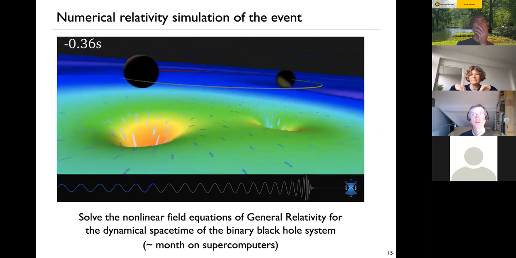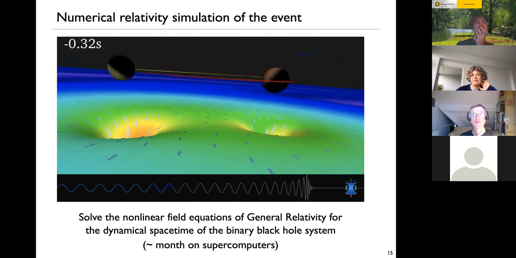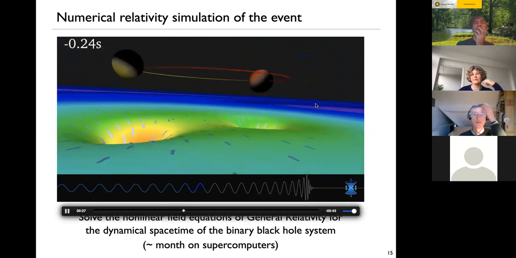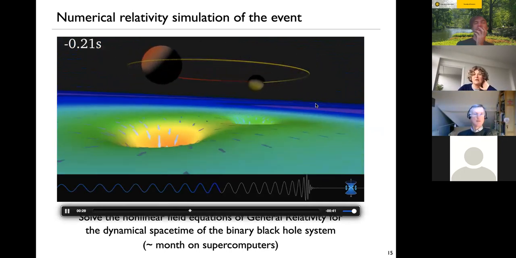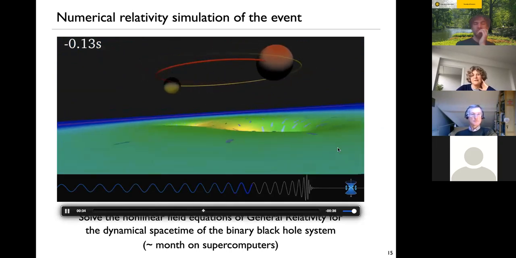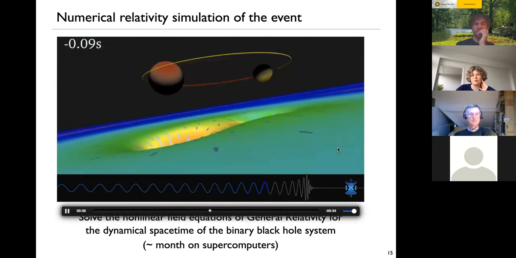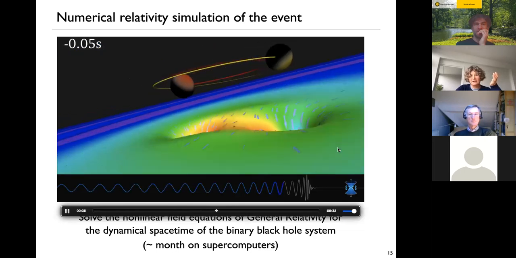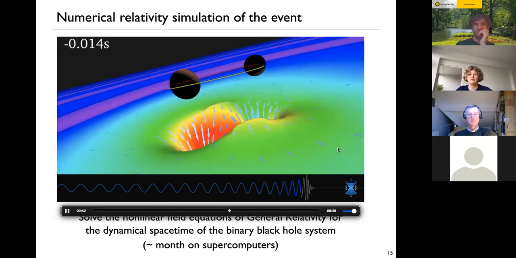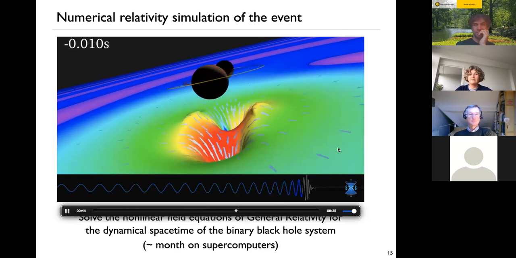Red means higher curvature regions. You see on the top the event horizons of the two black holes as they orbit each other. And on the very bottom is the gravitational wave signal. This was produced by numerically solving the complicated Einstein field equations for the dynamical space-time of the binary system.